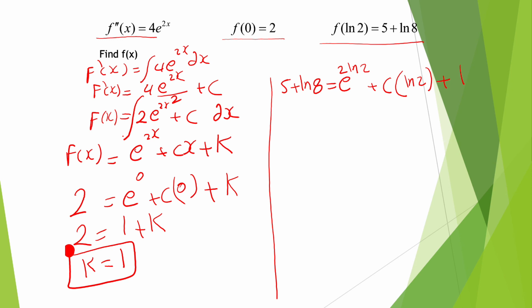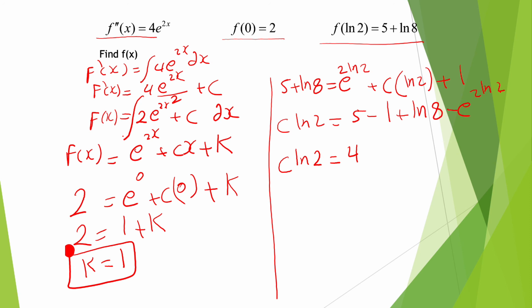Now we're going to rearrange to find the value of c. So I'm going to leave c ln 2 on one side and take everything to the other side. And now we're going to simplify this further. 5 minus, it's 4.